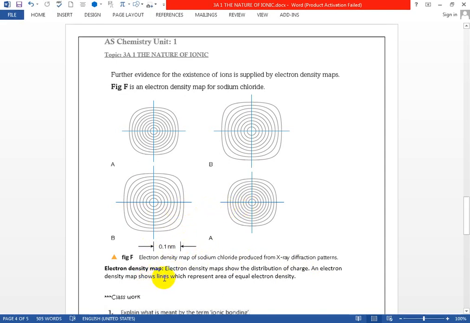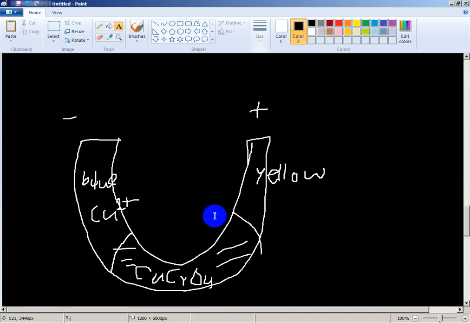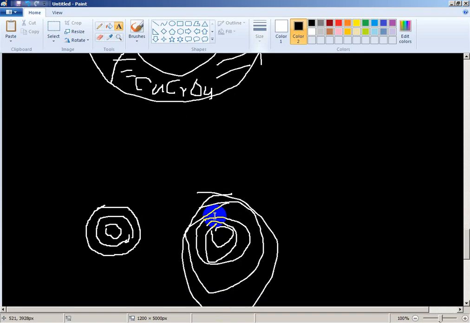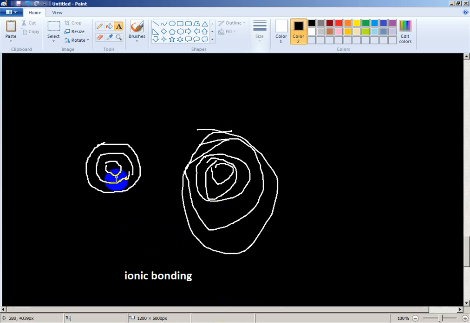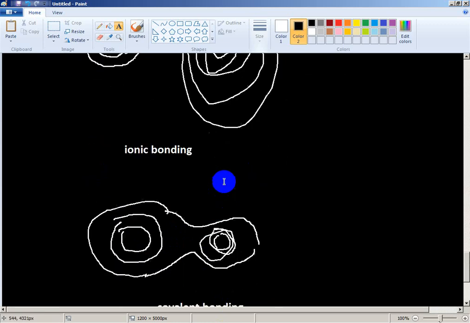So what is an electron density map? It shows the distribution of charge, and the lines represent areas of equal electron density. Here is the electron density map for ionic bonding: the cation and anion are separate.